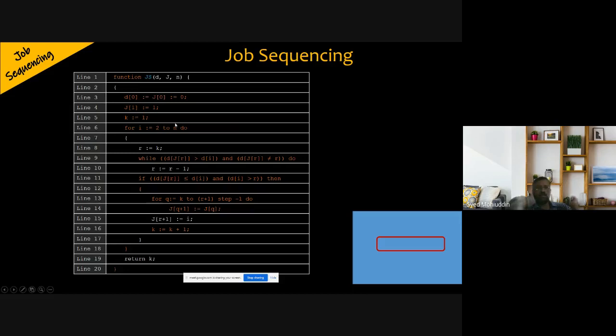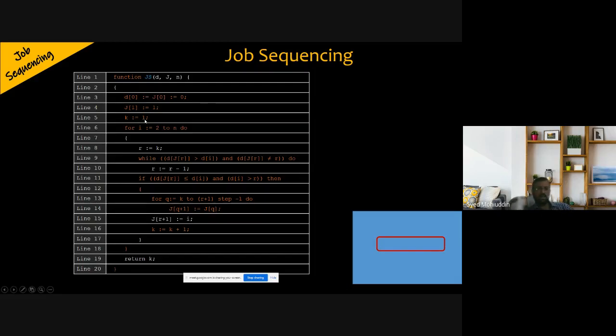Then J1, we assign 1 because the first job is selected. Here also it is assumed that the jobs are given to the algorithm in decreasing order of their profit. That is sorted according to that.